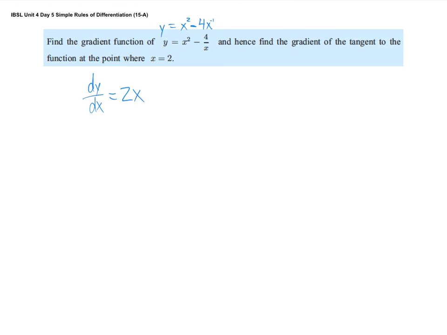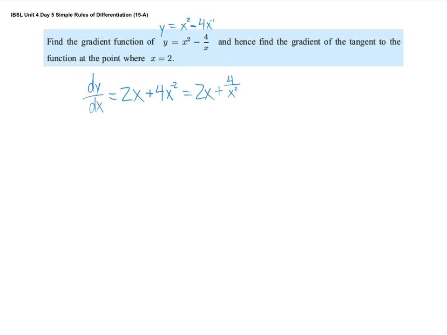So what we're going to do, we have this minus 4, we're going to multiply by -1, so now it's plus 4x, and now we subtract 1 from the exponent. So negative 1 minus 1 is a negative 2. Okay? Which, if we wanted to, we could rewrite this as 2x plus 4 over x squared. That is our gradient function.